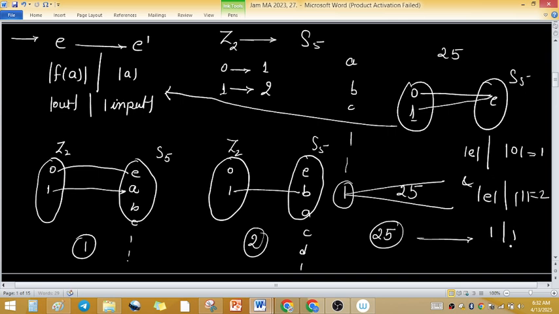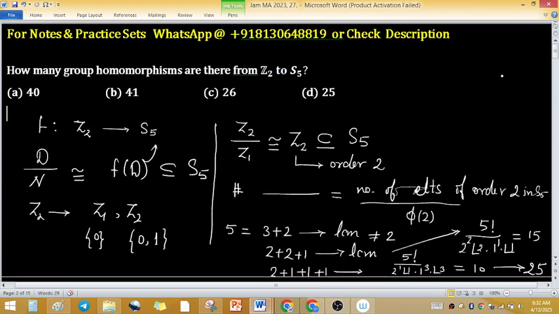So 1 divides 1 and 1 divides 2. So this is also perfect. So you can see how we are arranging homomorphisms. So there are 26 homomorphisms from Z2 to S5.